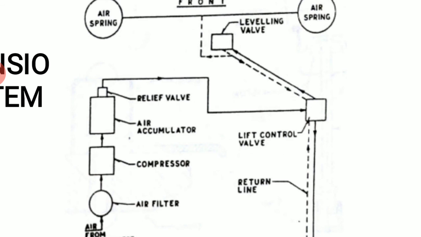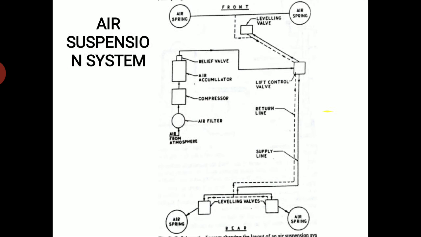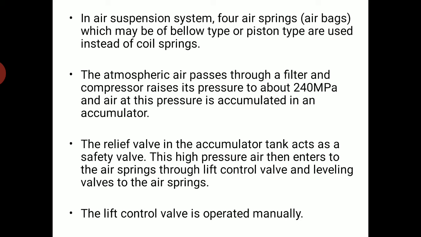The high pressure air then enters the air spring through a lift control valve and a leveling valve. Automatically it will try to raise the vehicle. This is the simple explanation behind the air suspension system.